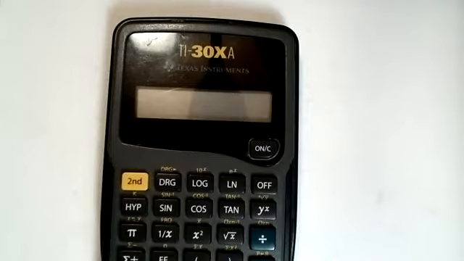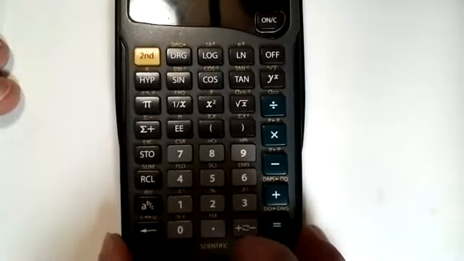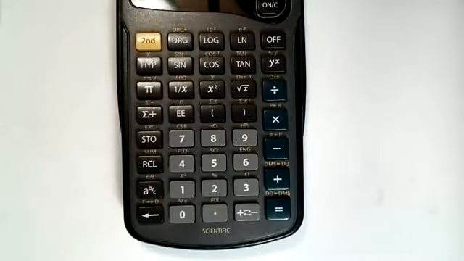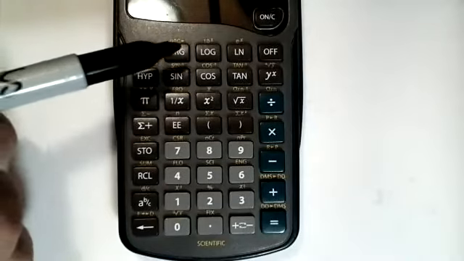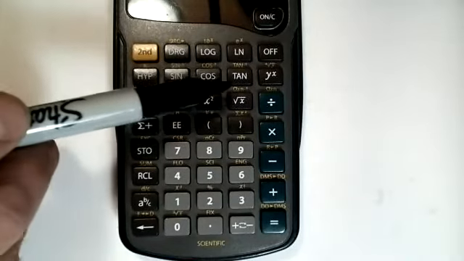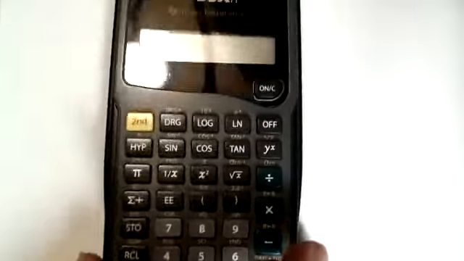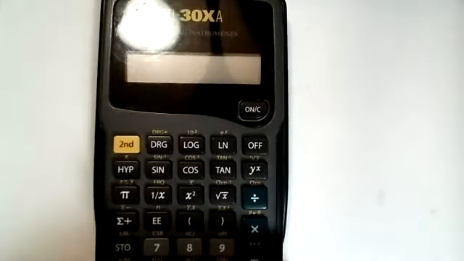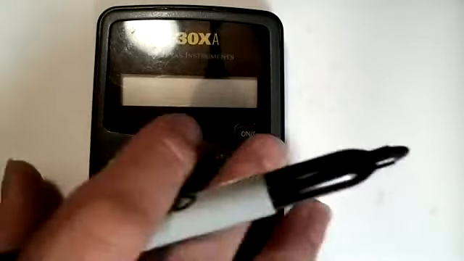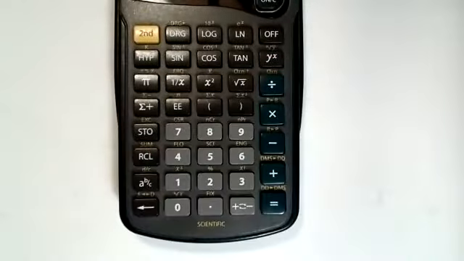So if you take a look at this, you have a couple of different features I want to point out, and I apologize that the lighting isn't perfect here. But first off, notice that you have your sine, cosine, and tangent buttons here. In this particular calculator, you punch in the angle measurement, and then you click the button for sine, cosine, or tangent.